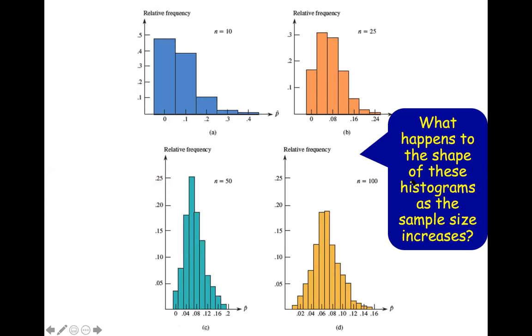Okay, let's talk about the shape. Specifically, I'm talking about the symmetry. They're all unimodal, but let's talk symmetry. Look at the symmetry of these and tell me, what do you notice as n is increasing?